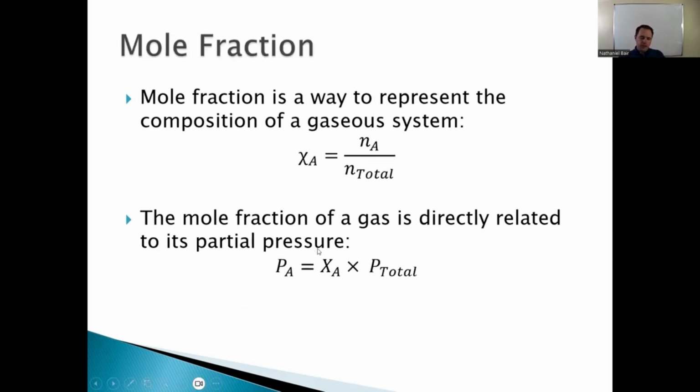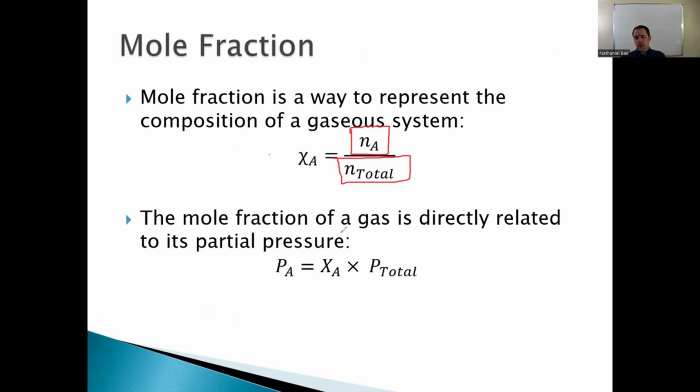Mole fraction, we are going to need to be able to use Graham's law of effusion. So mole fraction is a way to really represent concentration. The mole fraction of a gaseous system is equal to the moles of one of the gases divided by the total moles of gases in the system.